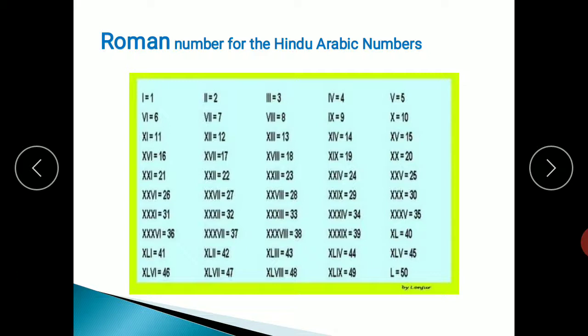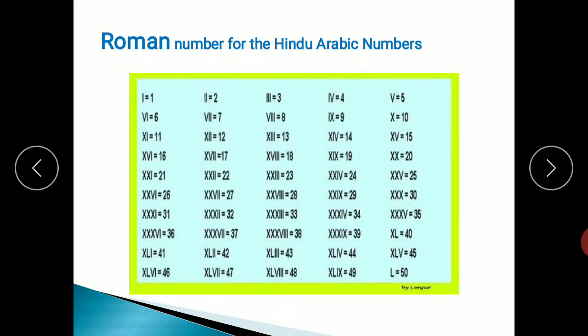Then rule number 3. I means 1 after, to the right of the 5, or you can say in front of that 5. So when you write 5 and 1, it will become 6, isn't it? 5 plus 1 is 6. Symbolically, V plus I, where V is 5 and I is 1, so 5 plus 1 is 6, that is VI.